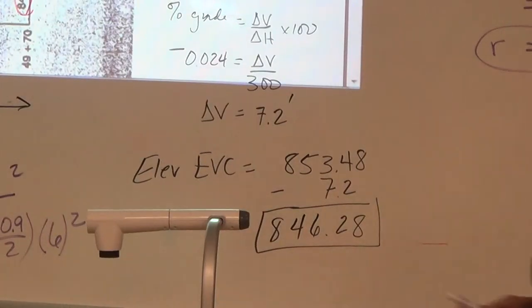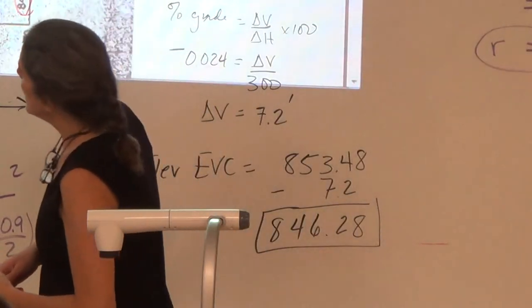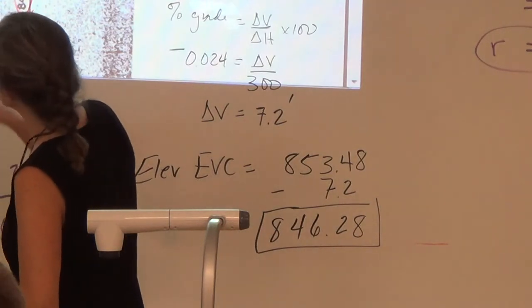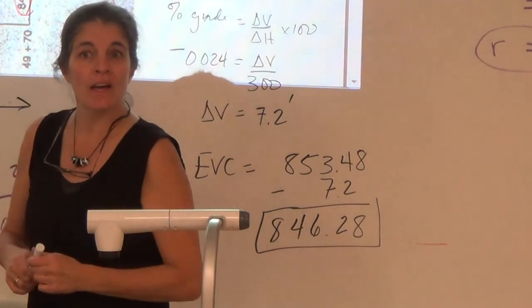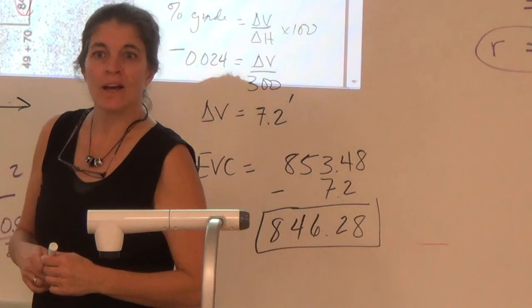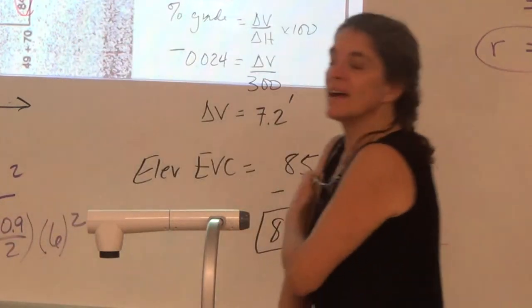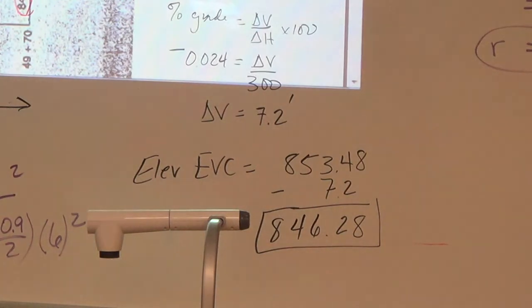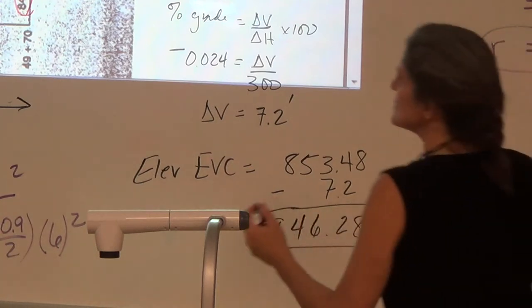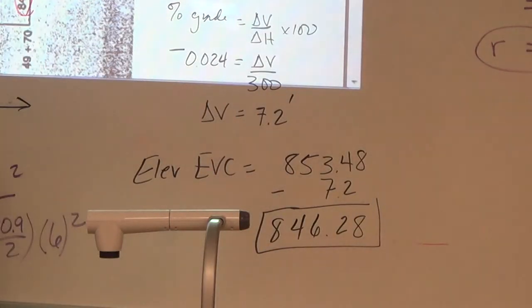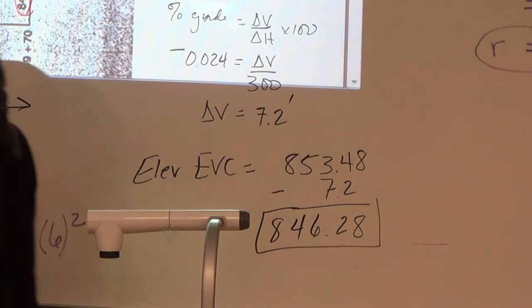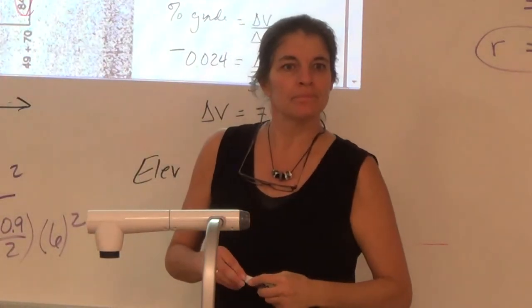Okay, so now, Cody, Ivan, Seth, you are all solving for the elevation of 44 plus 00.